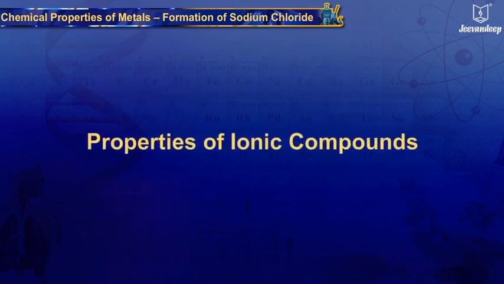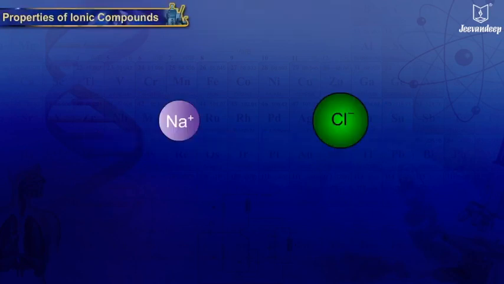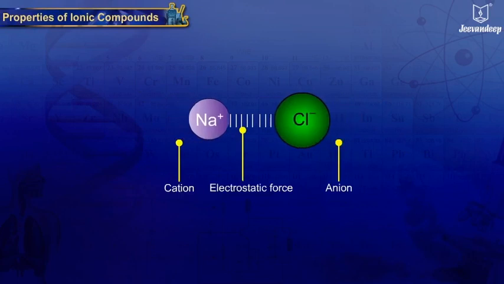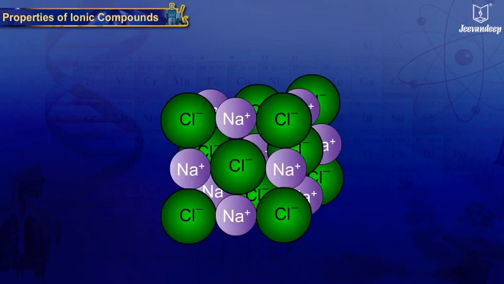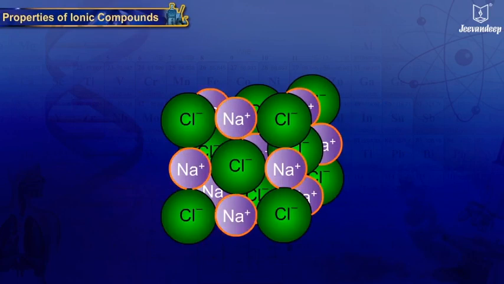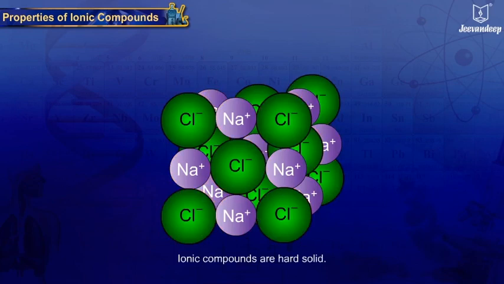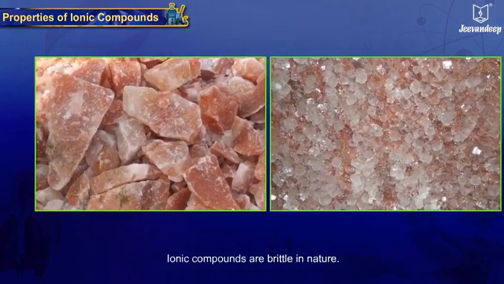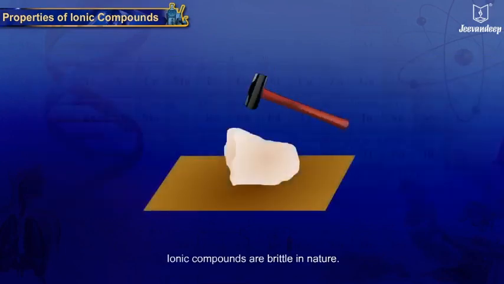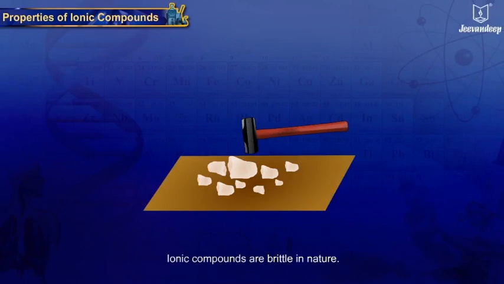Properties of ionic compounds. Due to strong electrostatic force of attraction between positive cation and negative ions, anion, ionic compounds are hard solids. Ionic compounds are brittle in nature and break into pieces on application of pressure.